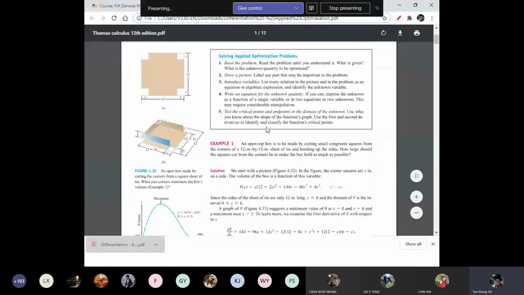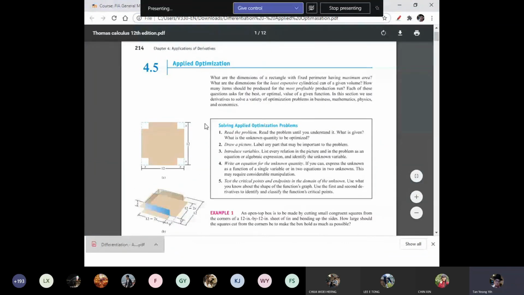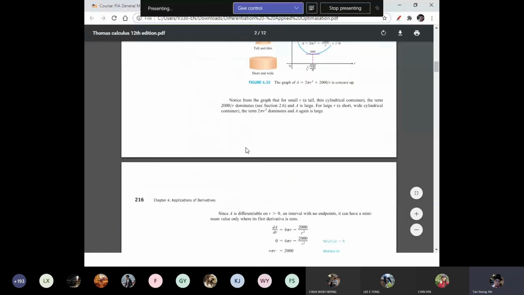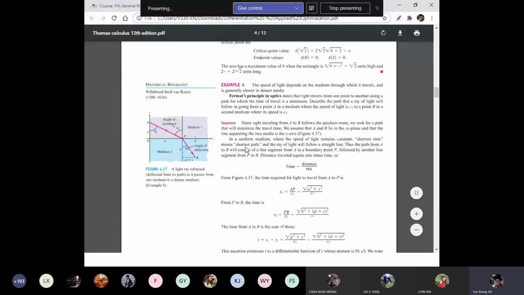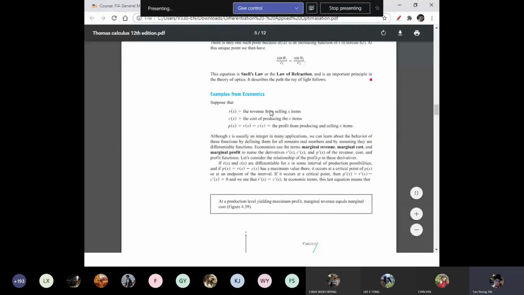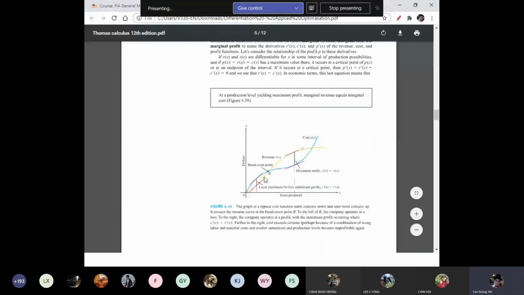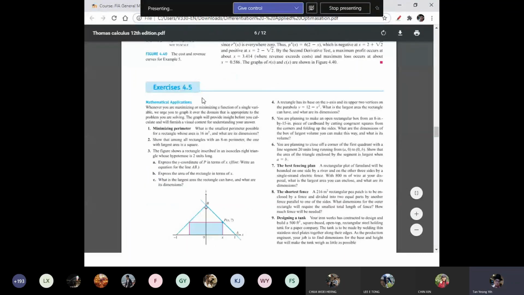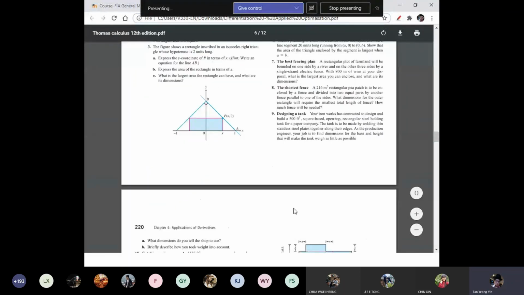All these are optimization problems: how to find the maximum or minimum. Some of them are quite interesting, for example in economics, the cost function, revenue function, profit function and all that. Some of these are quite challenging, and you can try the questions.